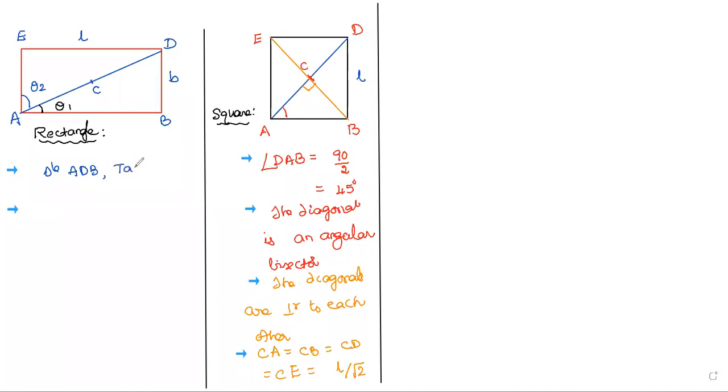This one you can understand very easily. Tan theta 1, how much you say from this triangle? Shall I say opposite side by adjacent side? Opposite side is B, by adjacent side is L. Any mistake here? Tan theta 1?